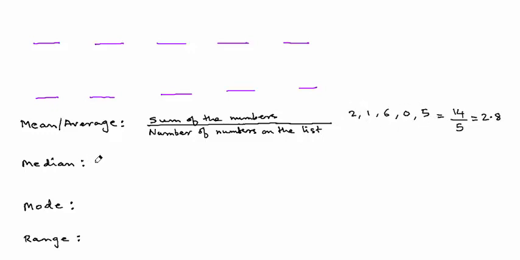So that one single number, 2.8, is kind of representative of this entire set of numbers. The median of a set of numbers is simply the middle number, but only after you have sorted the numbers, that is, arranged them from smallest to largest or largest to smallest. So it's the middle number after arranging.